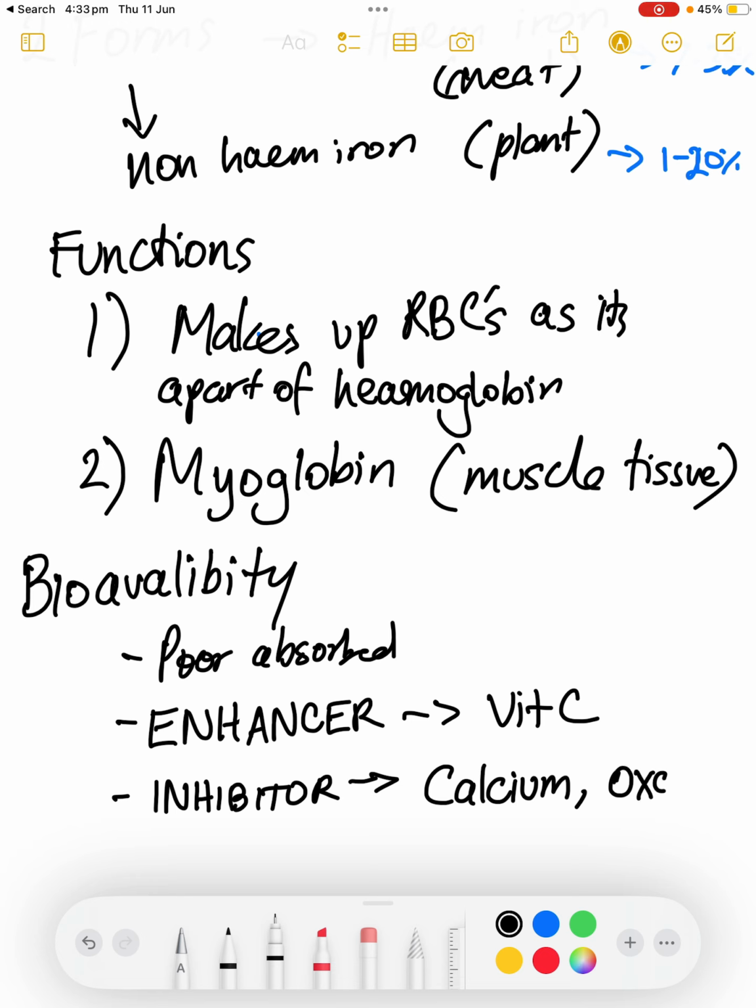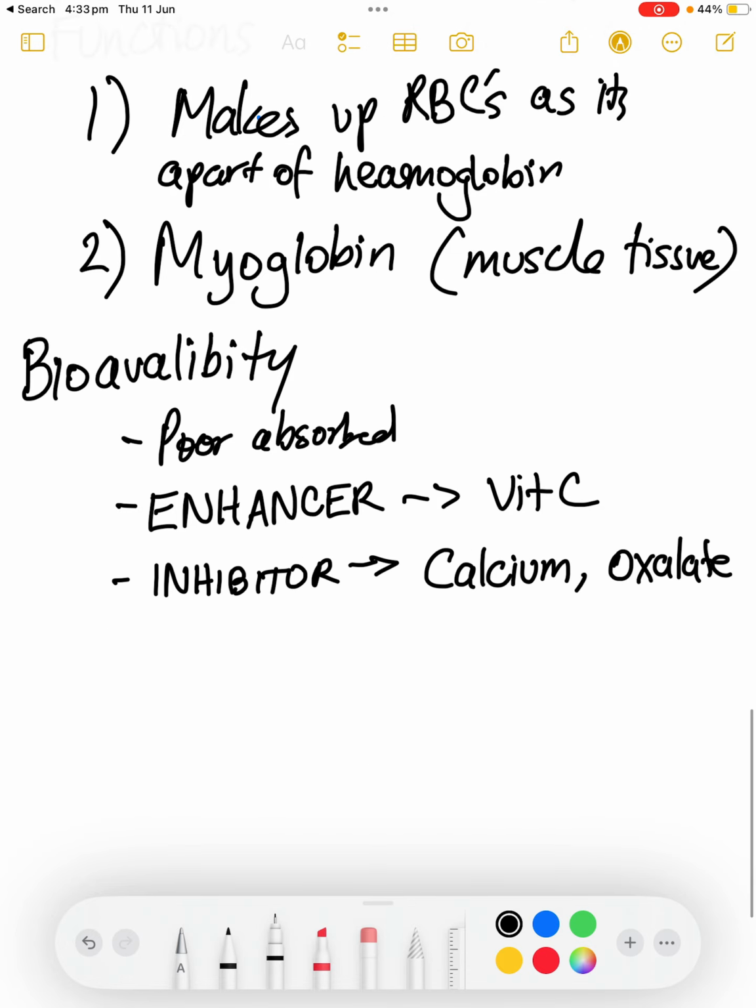And oxalates, which are found in some teas, spinach, even strawberries. Those can bind to that receptor, and iron isn't really bound in that way. And phytates too, which are found in lentils.